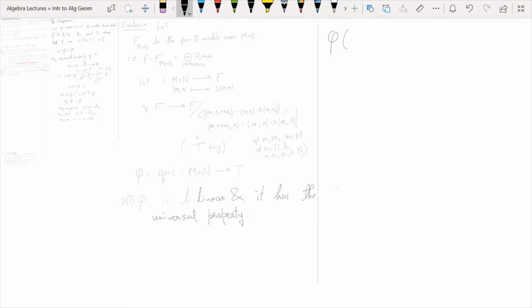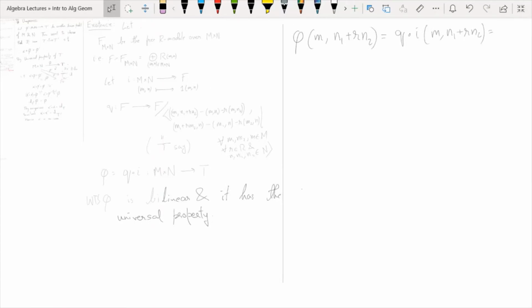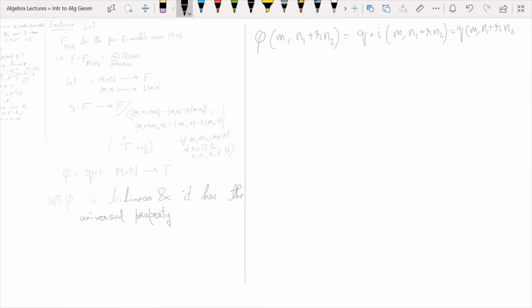So phi of m comma n1 plus r n2, maybe one side we will check and the other one is similar, is the same as q composed with I of m comma n1 plus r n2. But I is just the inclusion map, so you should just think of it as q of m comma n1 plus r n2.